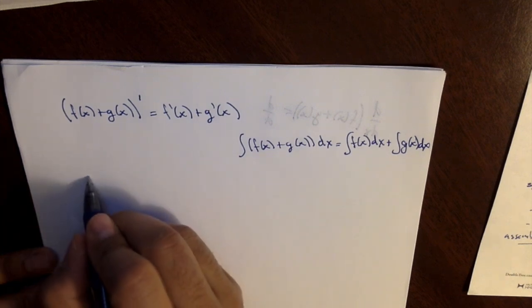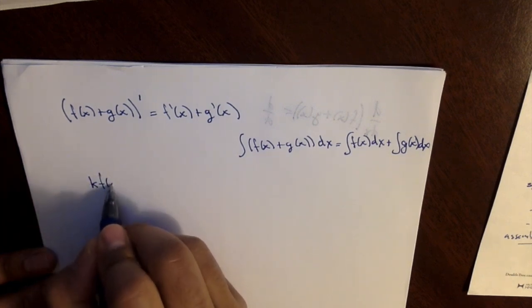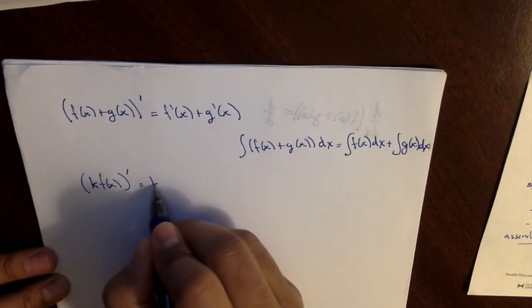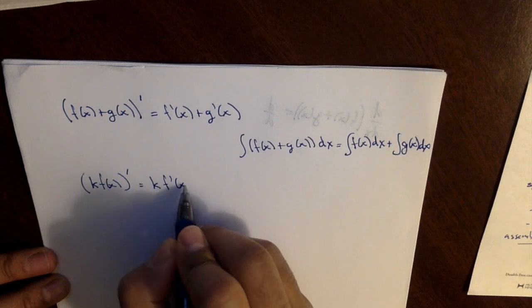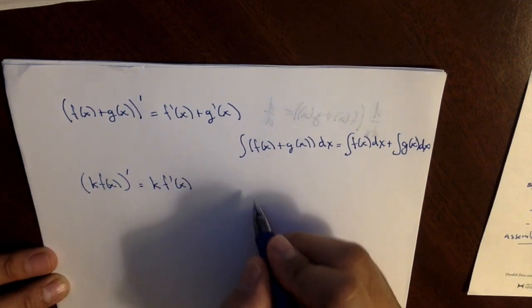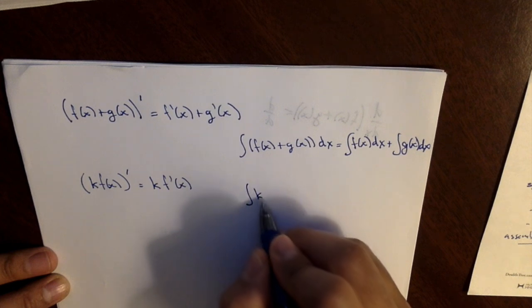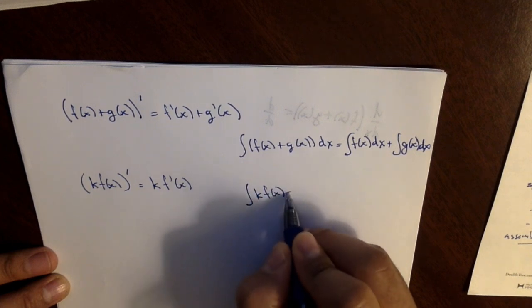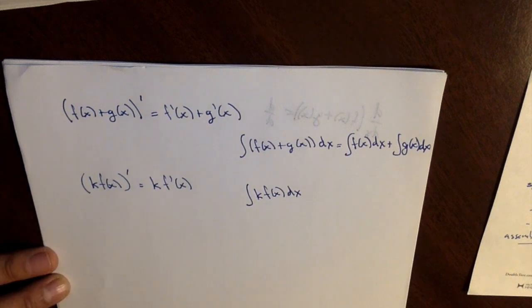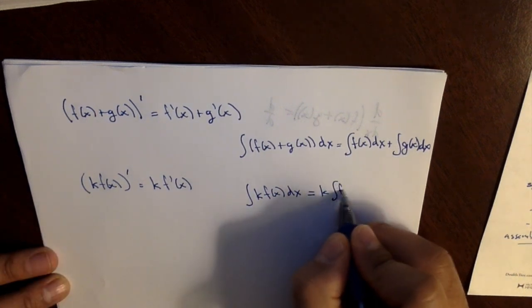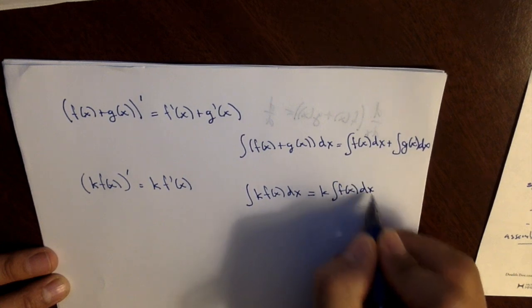Similarly, we have the rule that if you have a constant multiple of some function f of x, and you take the derivative, that's the same as a constant multiple of the derivative of the function. The corresponding antiderivative rule says that the integral of a multiple of f of x gives me the same as the multiple of the antiderivative of f of x dx.